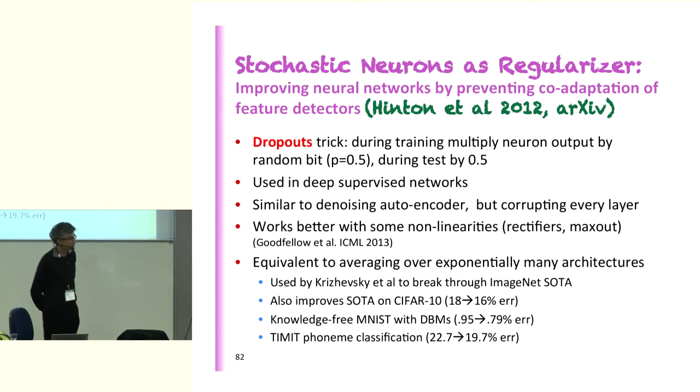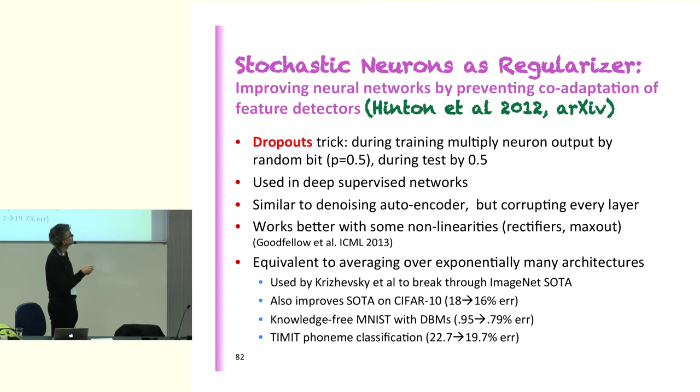While you're training your neural net, you put in some noise by setting the outputs of the hidden units to 0. So for each hidden unit, you're flipping a random bit, and if it comes out 0, you turn off that unit.